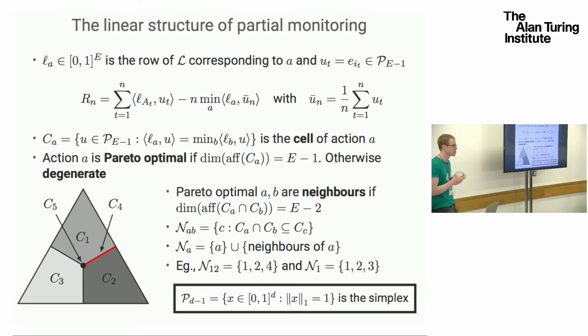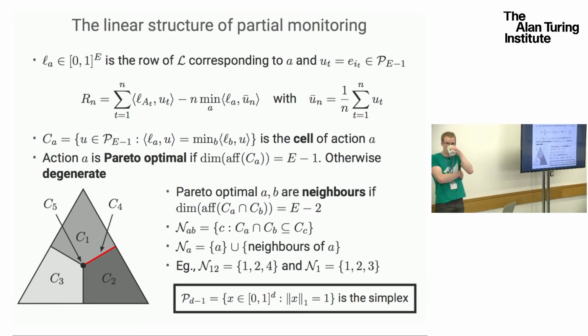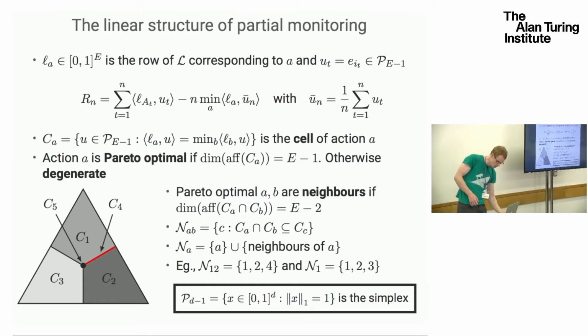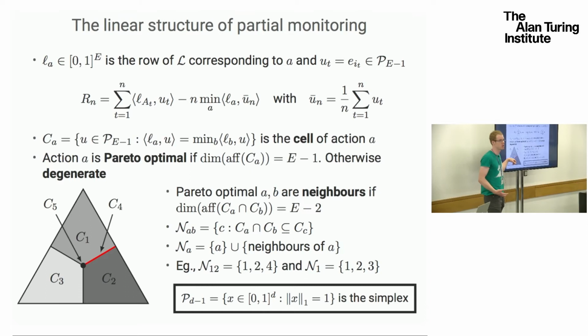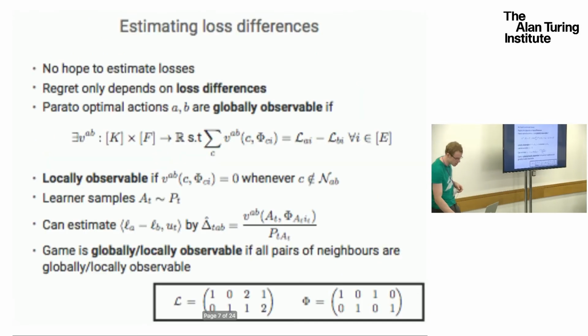So any questions on this? Okay. So the next question here is what does this neighborhood structure depend on? Well, it actually only depends on the losses. There's nothing here about the feedback. So the next important thing is how does the feedback influence things, and how do we estimate stuff?